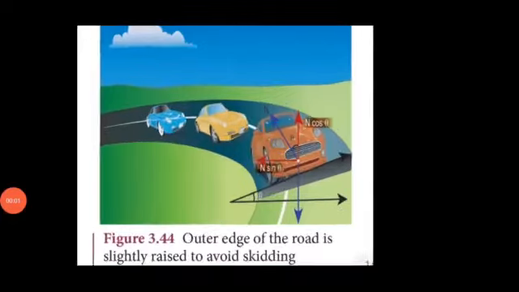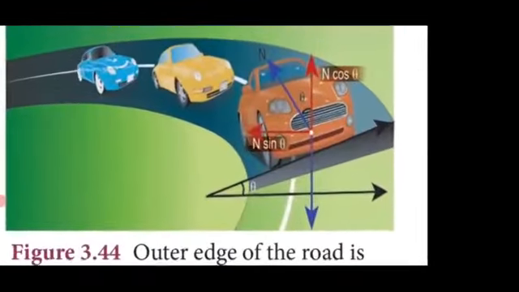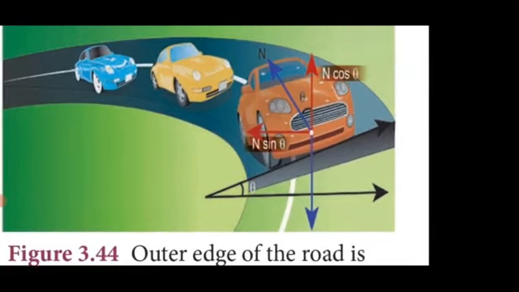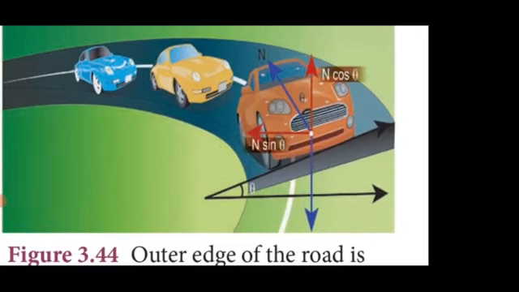See this diagram. In this diagram, you see the two edges, and the outer edge is raised slightly above the inner edge. These two edges make an angle theta. The surface of the road makes an angle theta with the horizontal surface, and that is the banking angle.